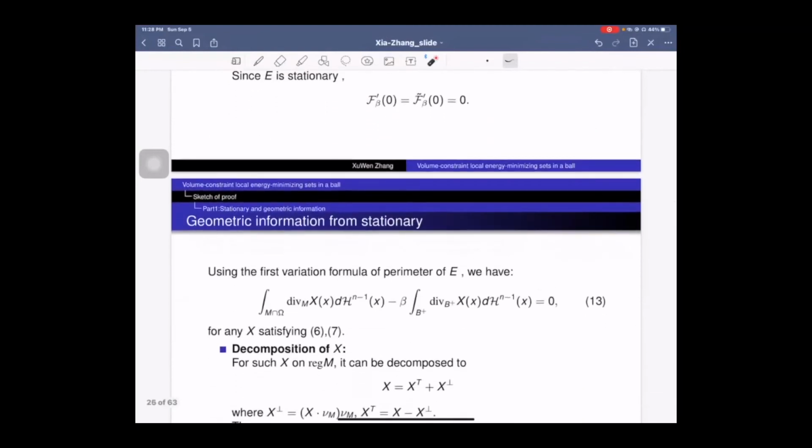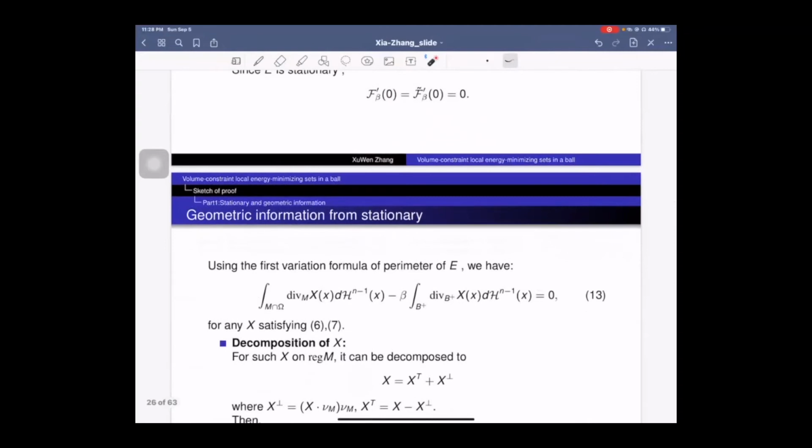And finally, we can use the first variation of perimeter of E to derive that the following holds for any initial velocity X, which means that X is tangent to the boundary and the integration of this is 0.